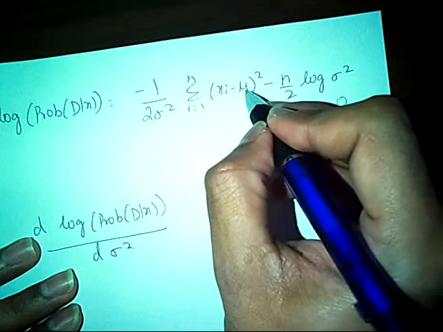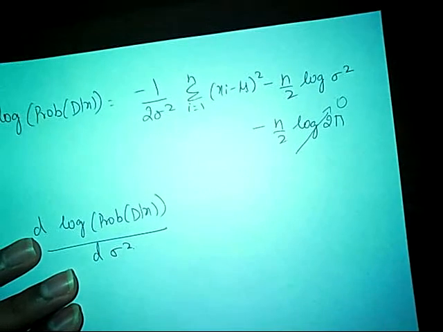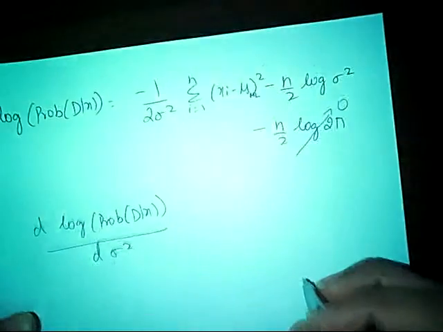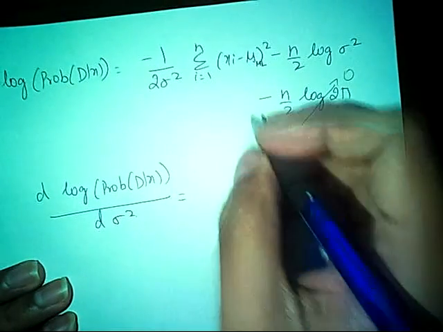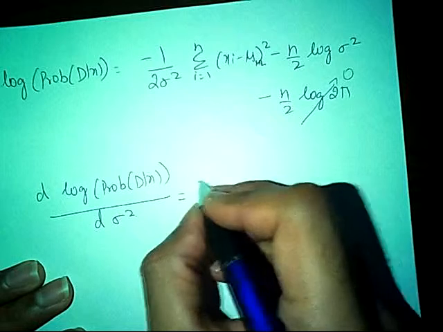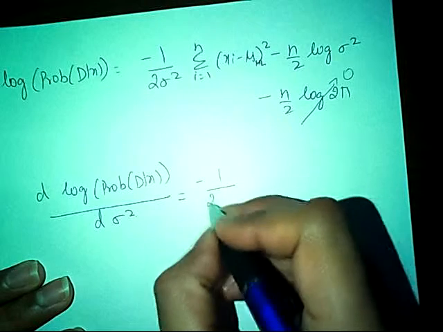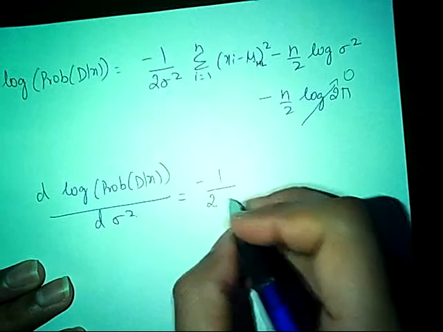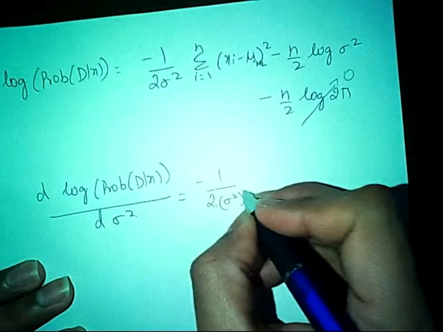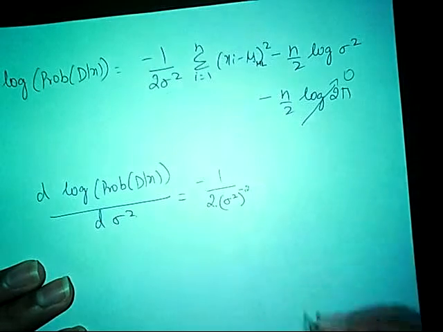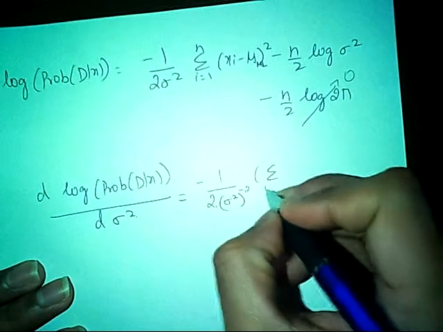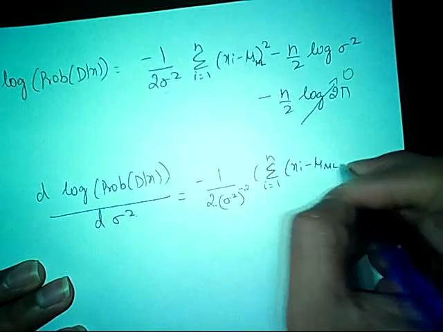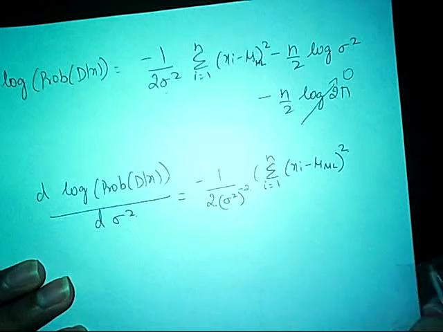And now, instead of having mu here, since I already know what mu ML is, I'm going to take this as mu ML. So this is going to be negative 1 over 2, and I have a sigma squared here, so I'm going to get sigma squared to the minus 2 into the sum for i equals 1 to n of (xi minus mu ML) the whole squared.